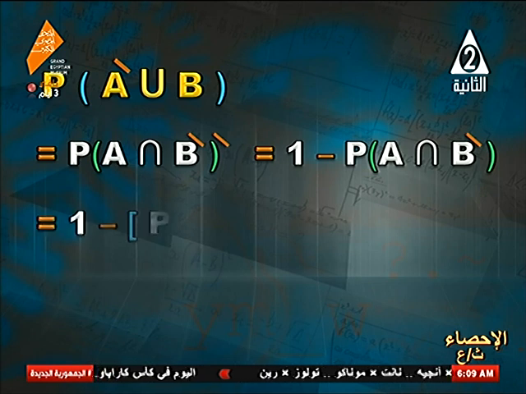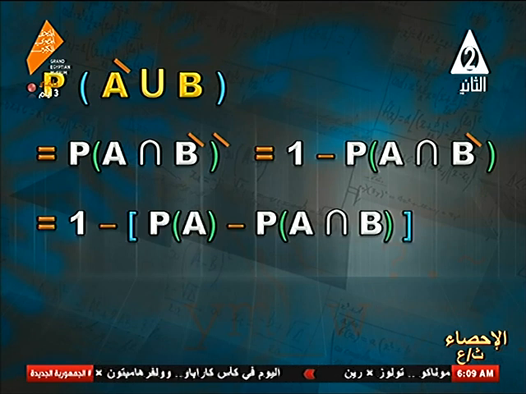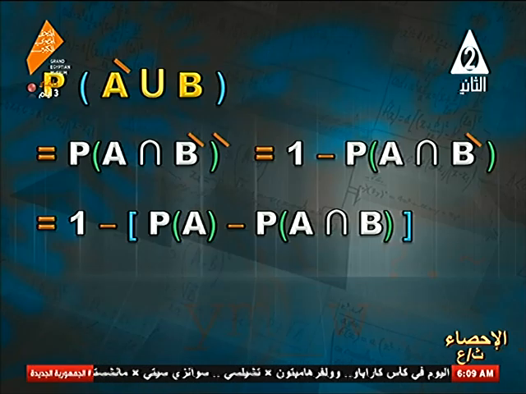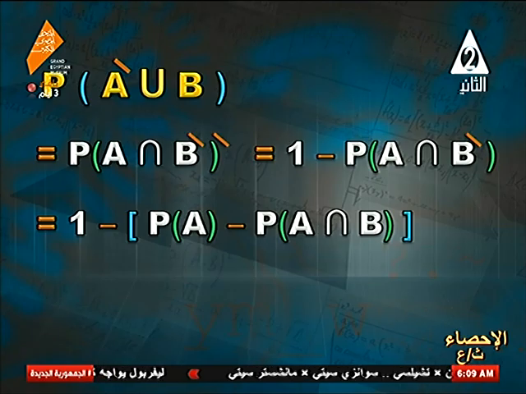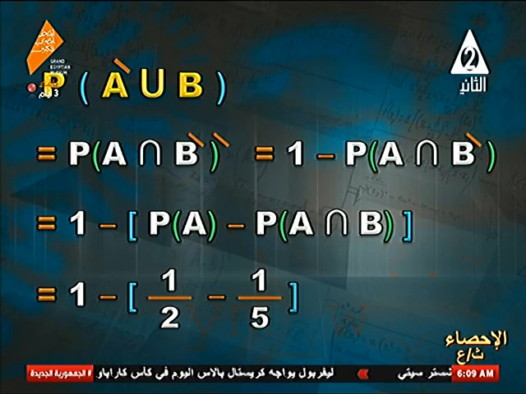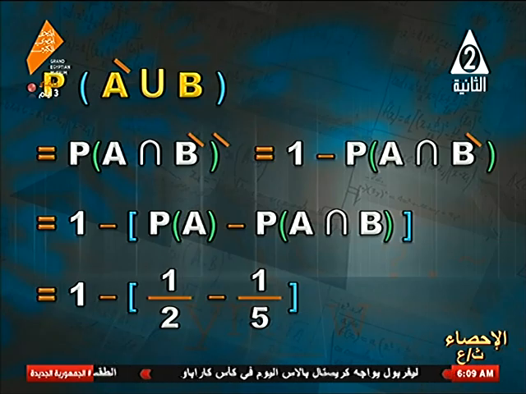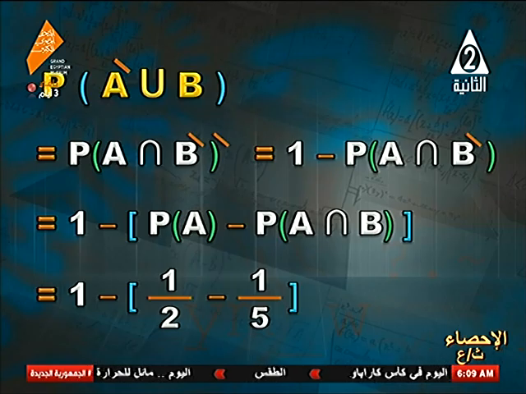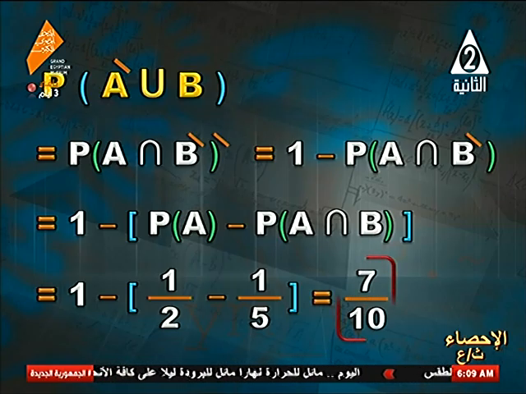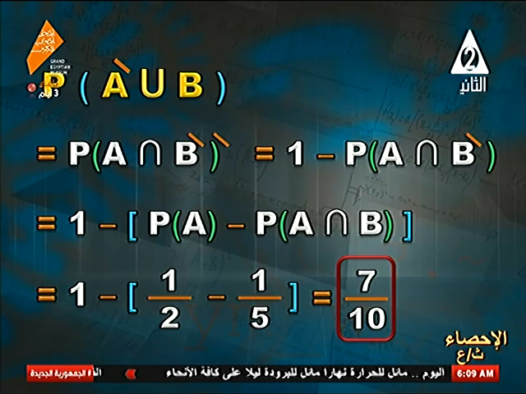From the previous, the probability of A intersect B complement equals the probability of A minus the probability of A intersect B. From the given, we substitute the probability of A equals 1/2 and the probability of the intersection equals 1/5. From the calculator, the answer is 7/10.